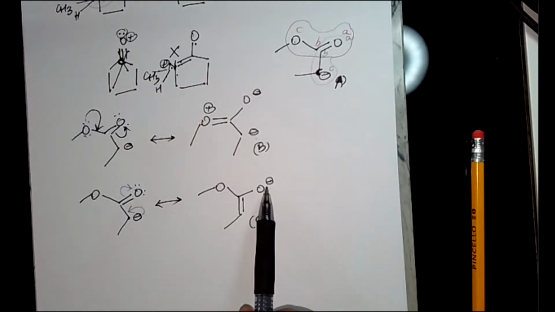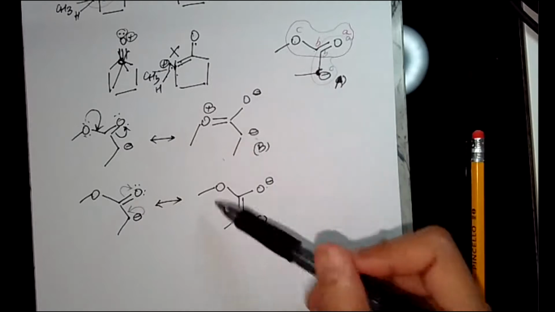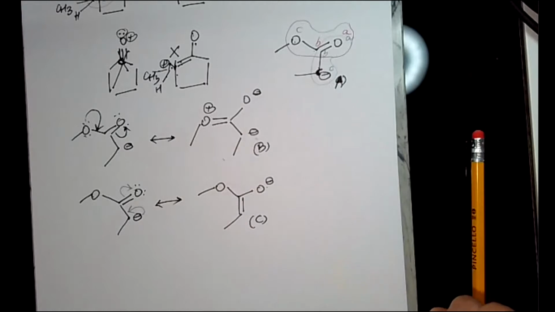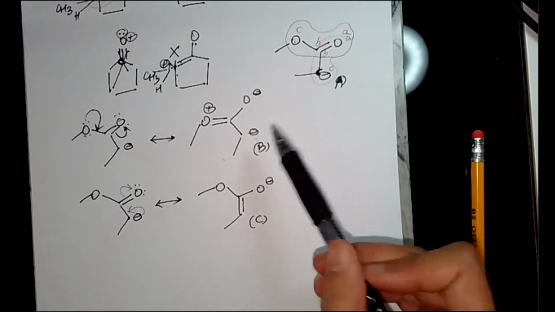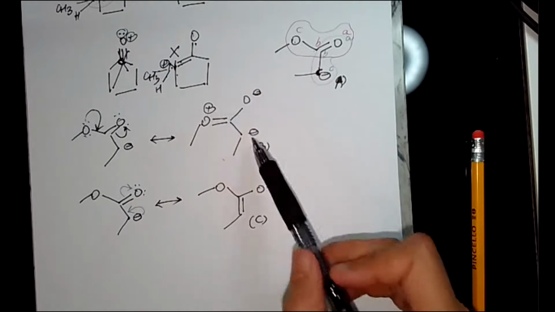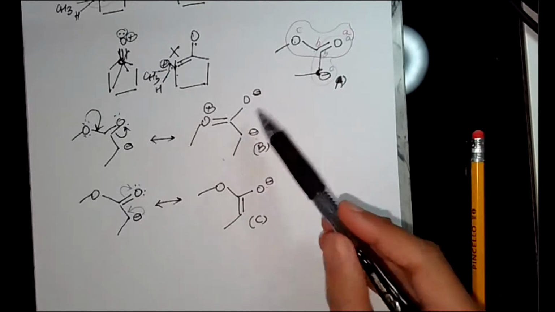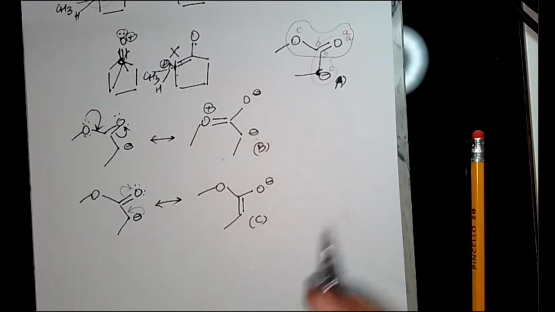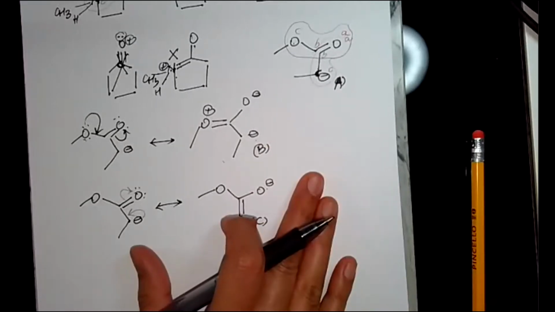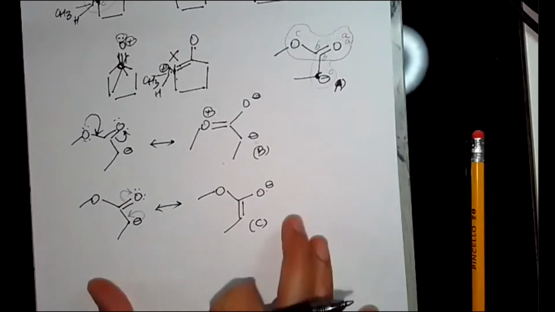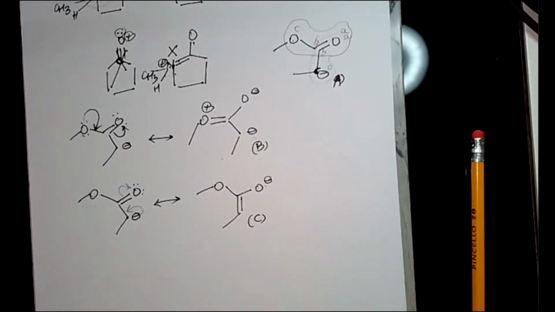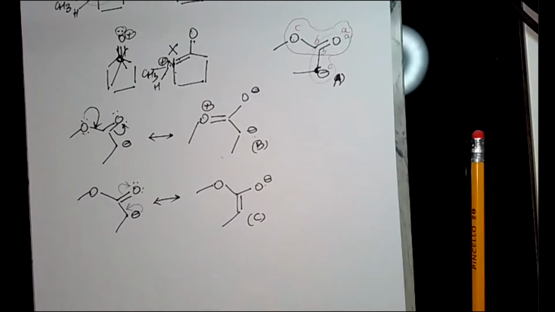Overall charge is still negative. Out of all of these three, which is going to be the least significant one? The one where you have more charges. That is going to be the least significant one. But the point is, all of you must know how to draw out resonance structures.